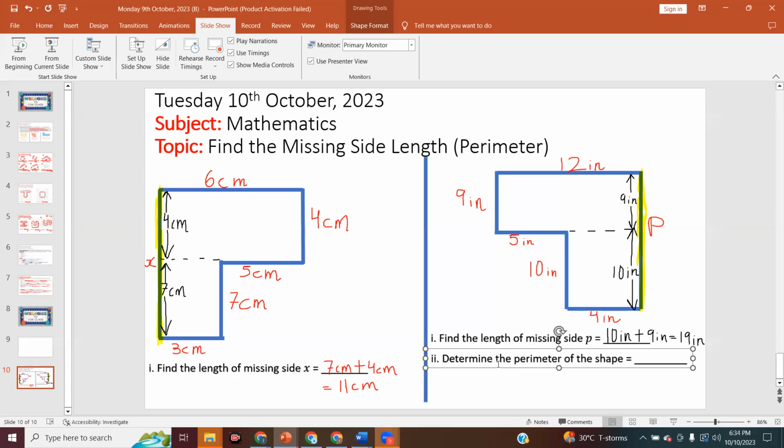Once you have found the perimeter of the shape, please put your answer inside the chat for me, please.